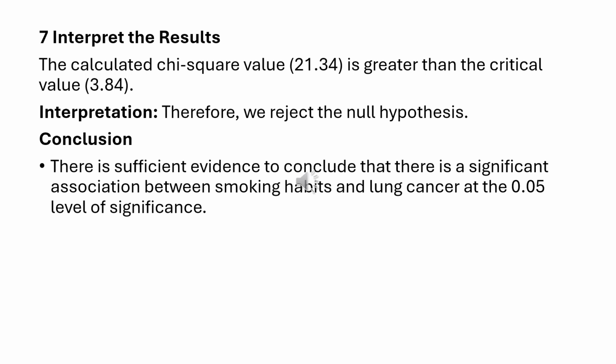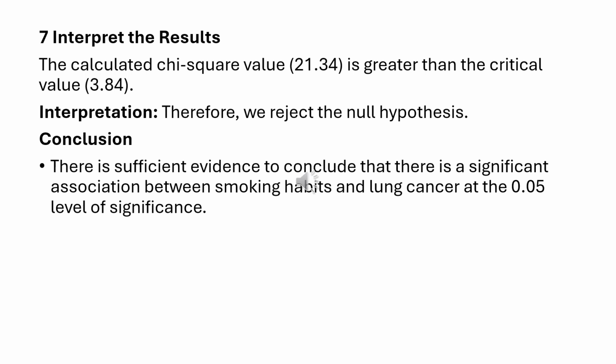The first step was setting the hypothesis. According to the research, the researcher has to set the null hypothesis as well as the alternative hypothesis. Then the researcher has to set the confidence interval. In this example, the confidence interval was set at 95%, which means there is only a 5% chance of error in this result, and the corresponding alpha value is 0.05.